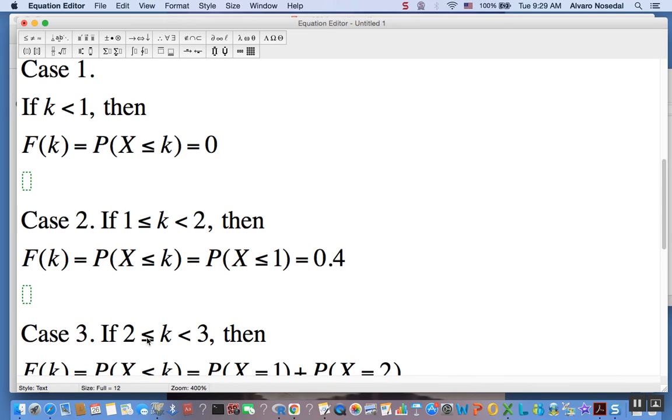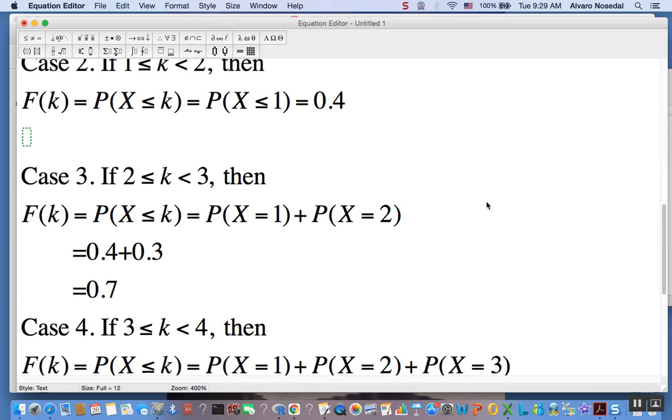Once you hit 2, you go to 0.7, and again it's going to be constant, 0.7 for any number between 2 and 3. So what you will have is a staircase, a step function.